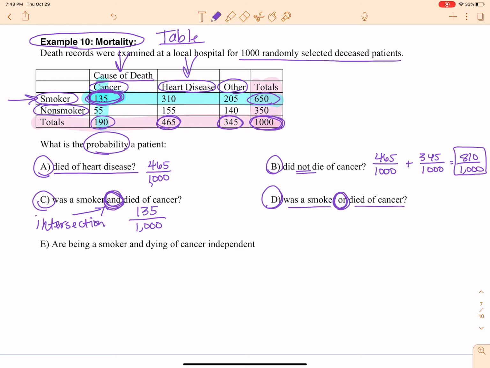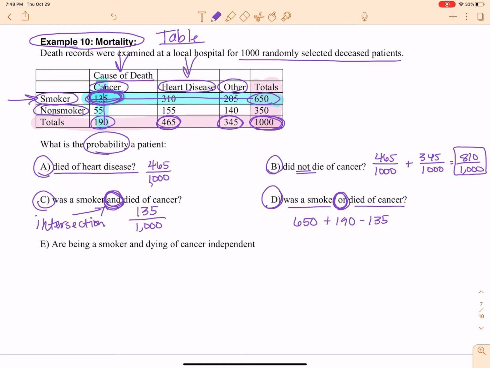We do not want to count that twice. So what I can do is I can think of it this way. 650 people are smokers, and I've got 190 people that died of cancer. I am going to subtract 135 from this total because I don't want to count it twice, and right now I am. When I'm looking at all of these people, 650, and all of these people, 190 cancer, I'm counting 135 twice.